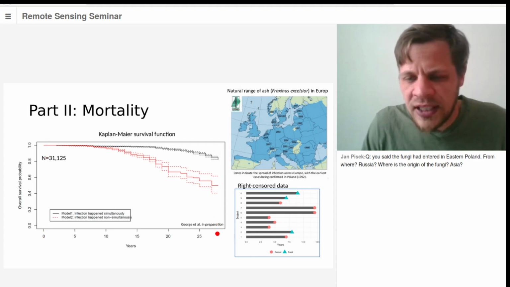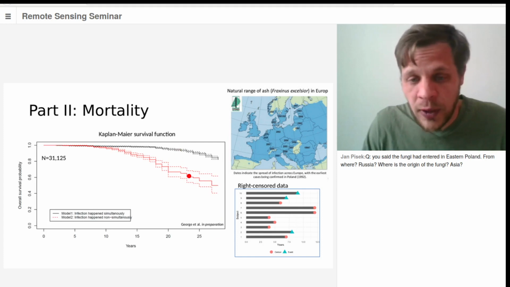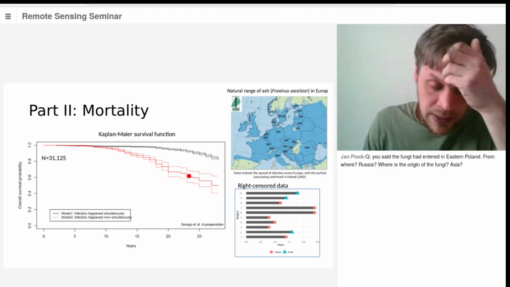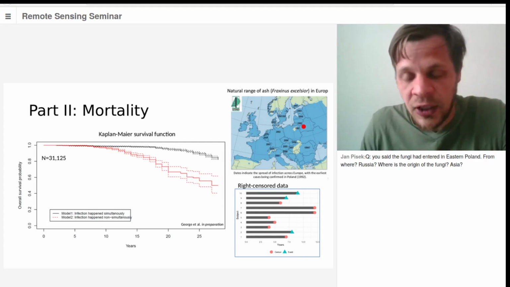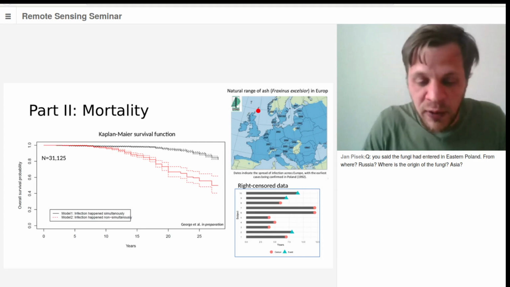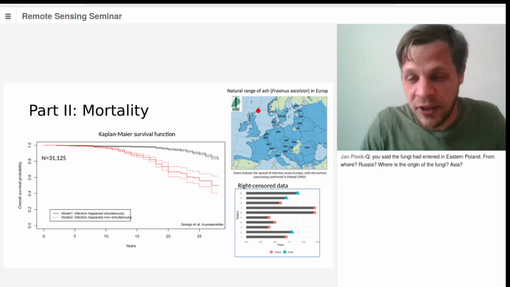You see this time point 0 is actually when the survey data started, and here after I think it's now 28 years, you can see what the overall survival probability is in ash. And you see we calculated two graphs, this black one and this red one, because we wanted to take into account that not all ash trees in Europe have been infected from the very first day when ash dieback entered Europe.